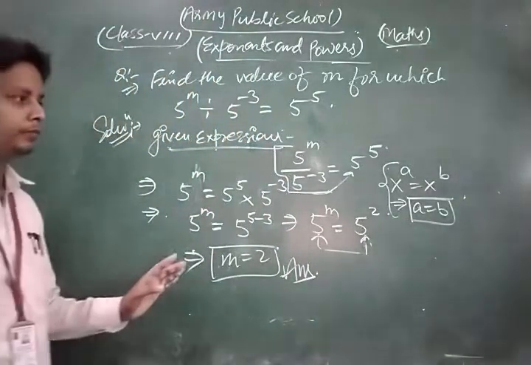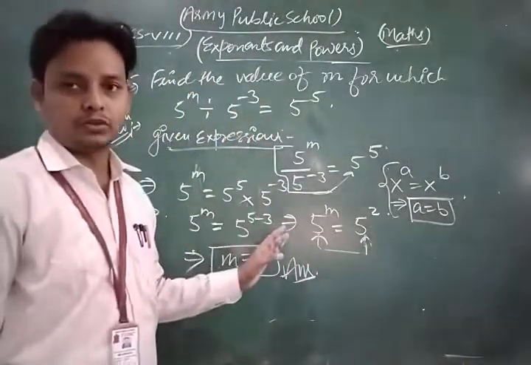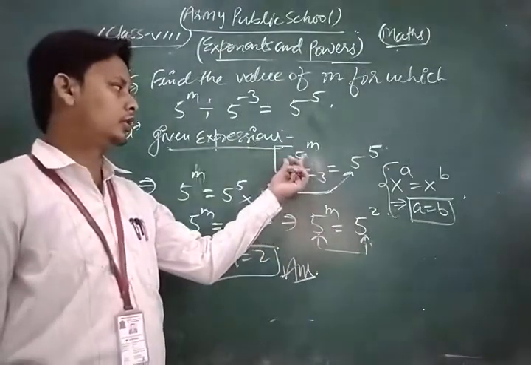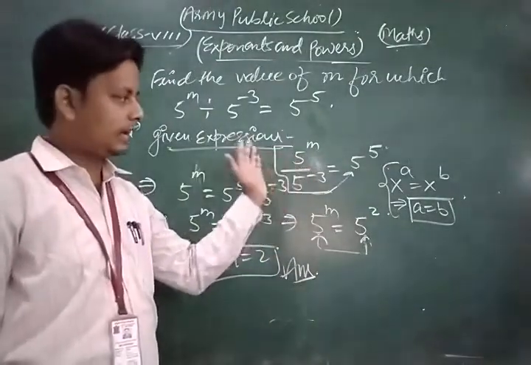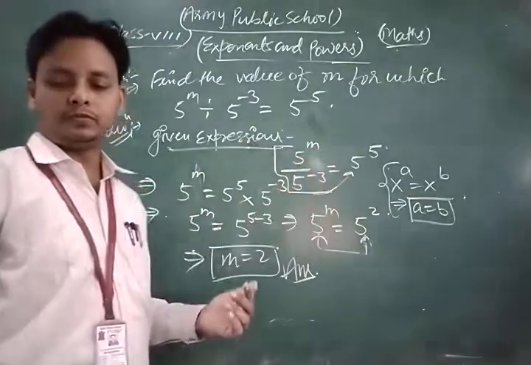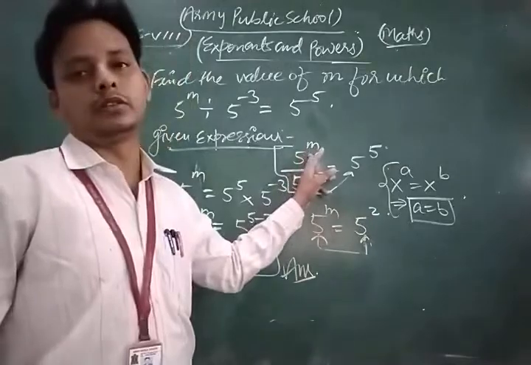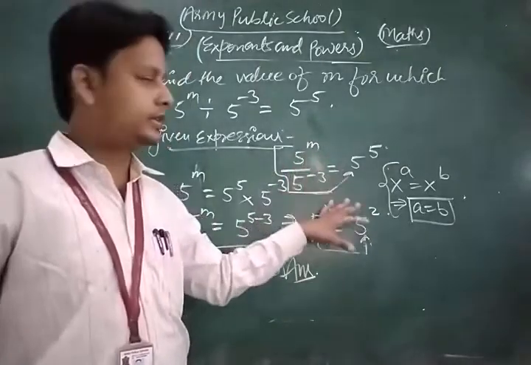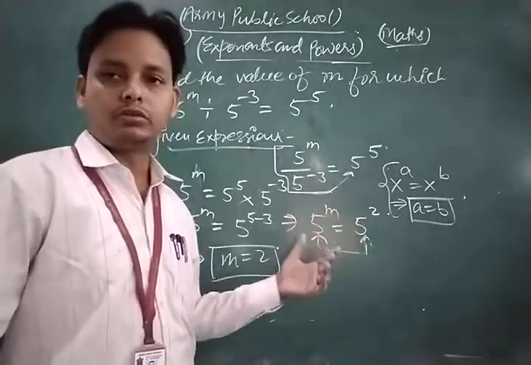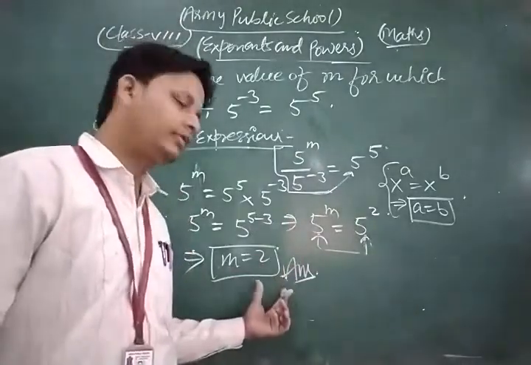So in this way you can solve that type of question. First of all we simplify and separate the powers of variables. After that we compare both sides according to the laws of exponents and then we get our result.